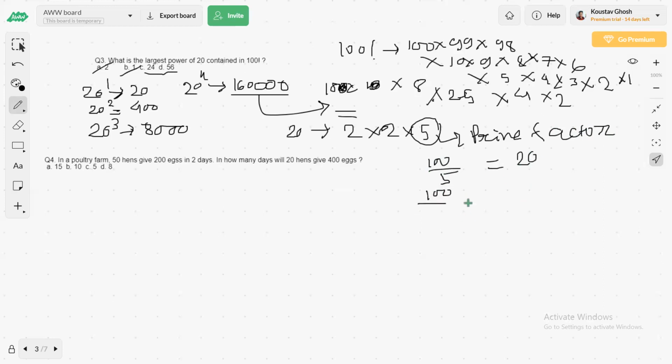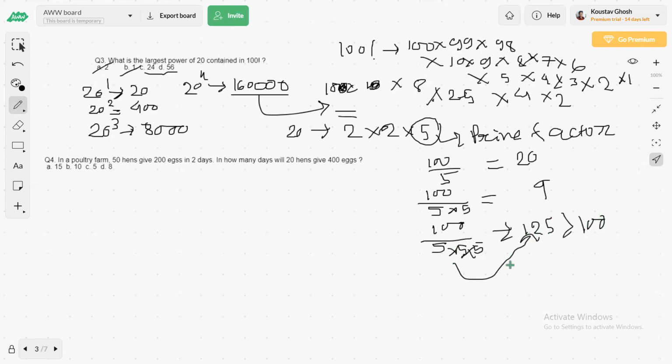Then 5 into 5 gives 4. If we again multiply by 5, that means 5 cubed, which is 125, and 125 is greater than 100, so 100 cannot be divided by 125.